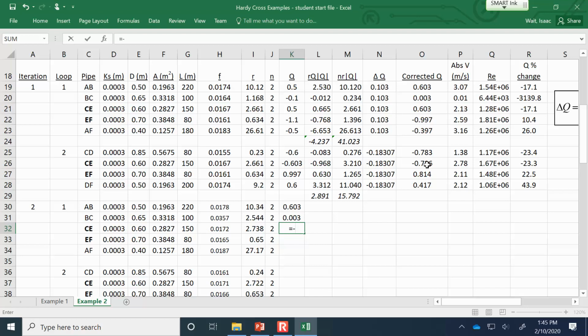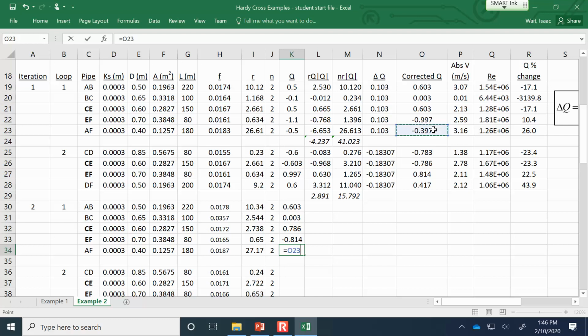This is the most recent CE flow rate that we have, but it's in the perspective of loop 2, so we need the negative sign. Same thing with EF, equals negative of that flow rate. The negative sign because anytime you make a reference to the other loop, you have to change the flow direction.